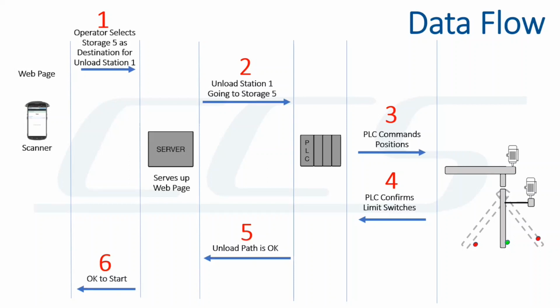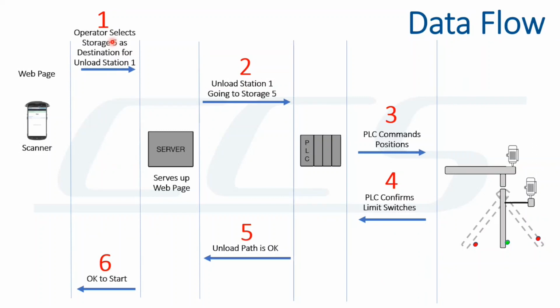So the basic communication steps are: step 1, the operator scans and/or selects unload station 1 to go to the storage destination 5. Remember that TransferMinder won't let the operator select a destination that doesn't match the contents of the railcar.